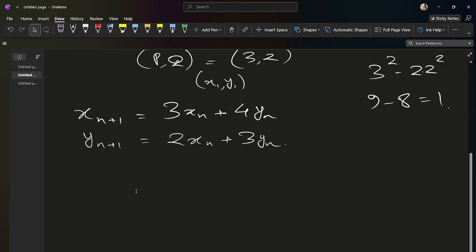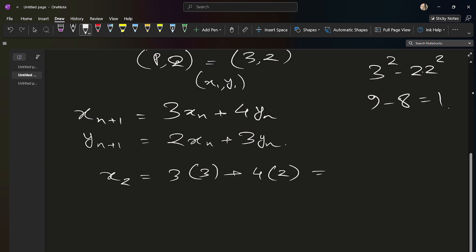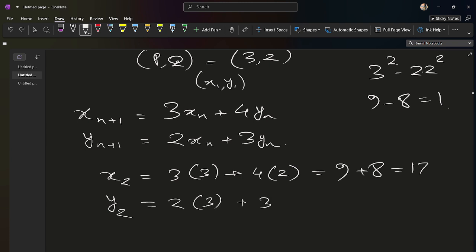Our second solution will be x2 equals 3 into 3 plus 4 into 2, that is 9 plus 8, which equals 17, and that's a prime. But y2 equals 2 into 3 plus 3 into 2, that is 6 plus 6, which equals 12.